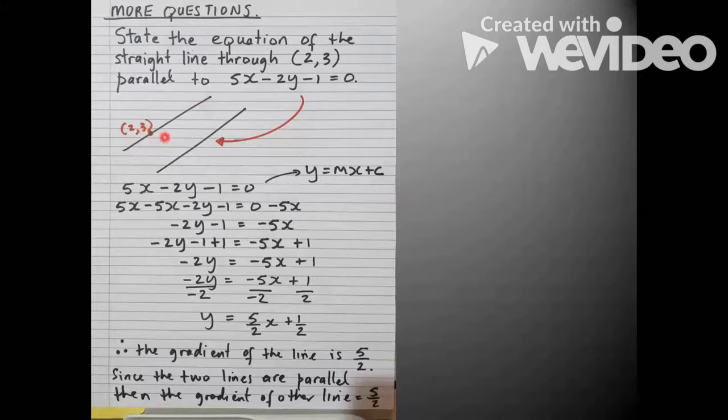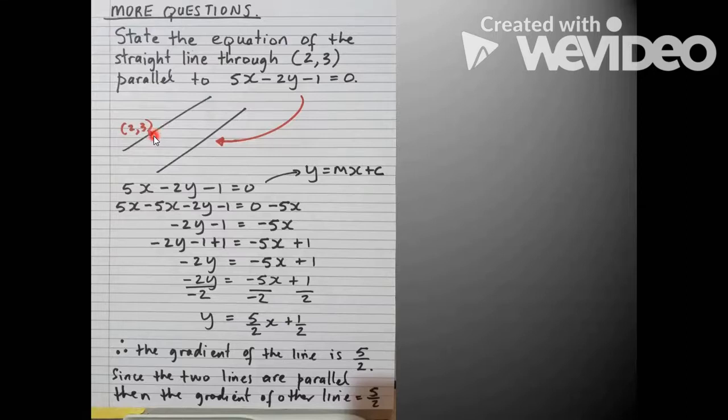And the other line, they give you the equation of the other line. And the question wants us to find the equation of this line. That's basically what the question is asking us. So they give us two lines, right? One of the lines has a point, and they give us the equation of the other line. So we want the equation of this line.